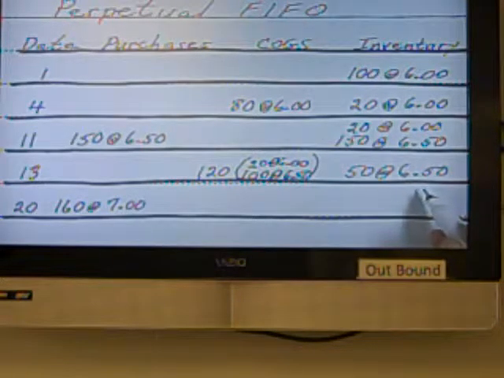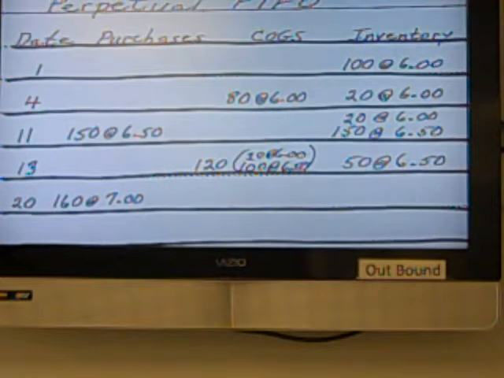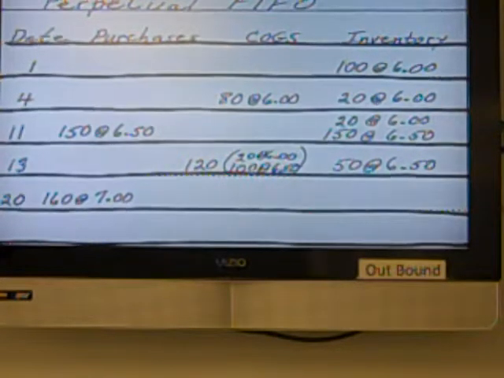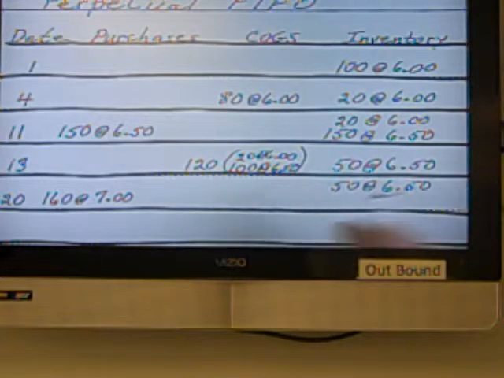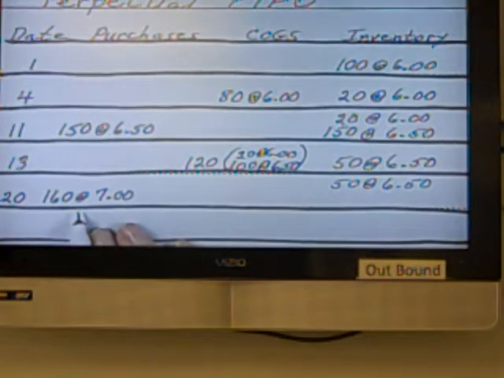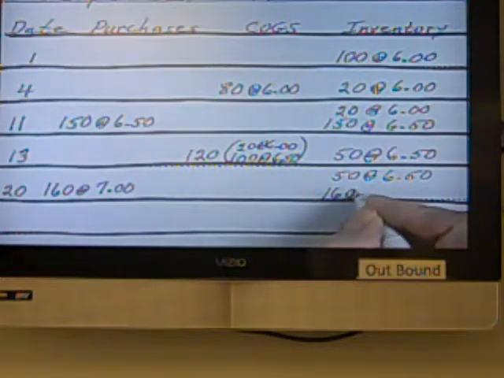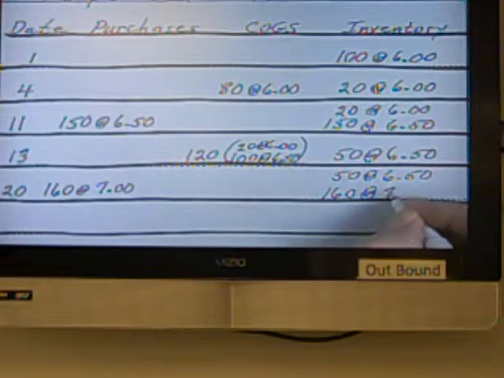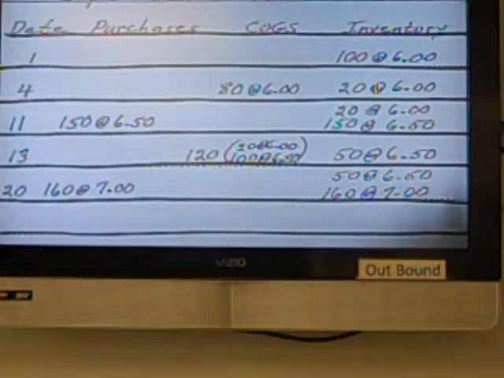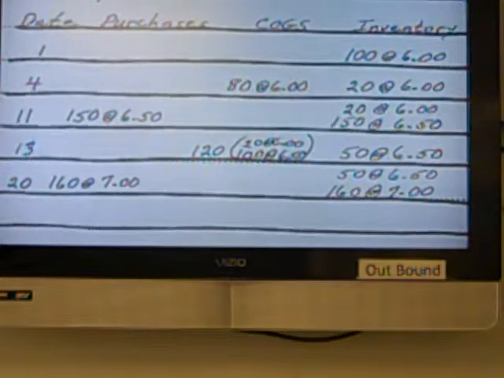Do we still have those? Yes, we do. So our inventory first layer over here is 50 at $6.50. Plus we have 160 at $7. So that's our second layer of inventory right now. 160 units at $7.